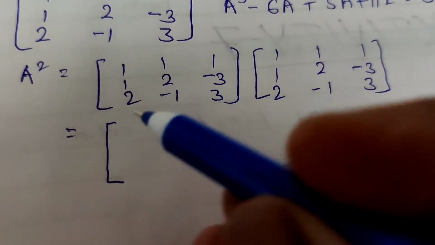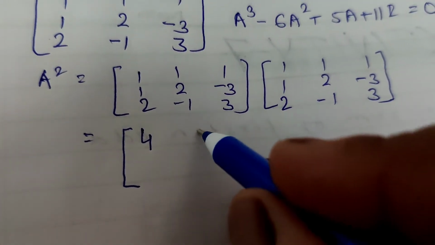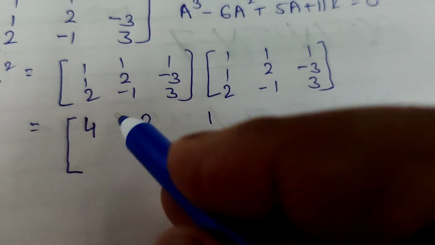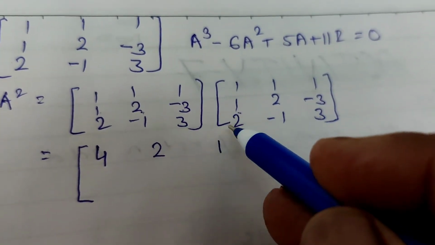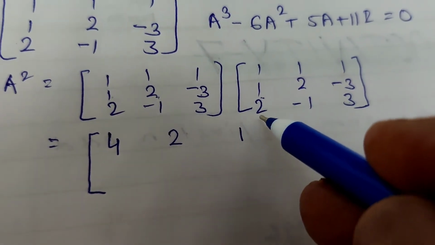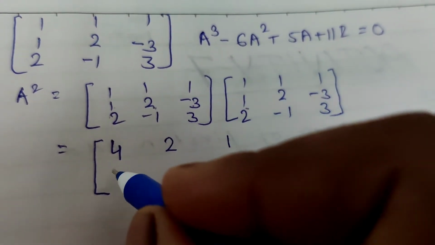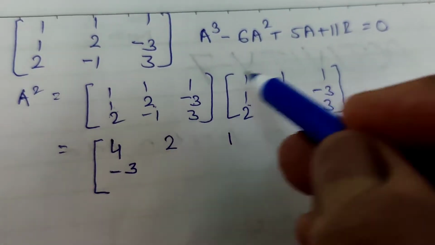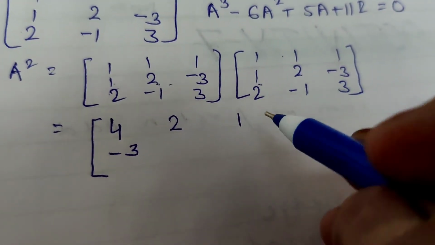1 plus 1 plus 2, 4, 1, 2 minus 1, 3, 3 cancel 1. Now this 1 plus 2, 3. 3 minus 3 plus 6. Okay, minus 3. It is minus 3. This one 1 plus 2, 4. 4 plus 3, 8.